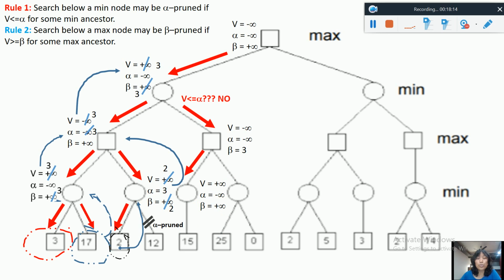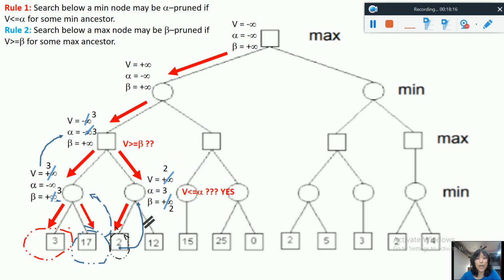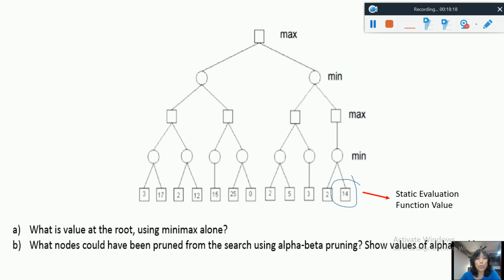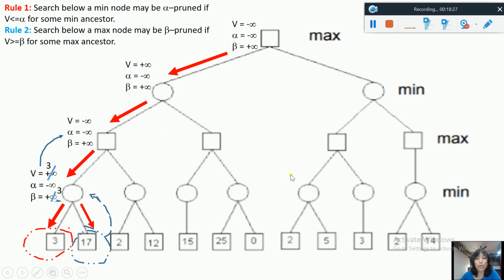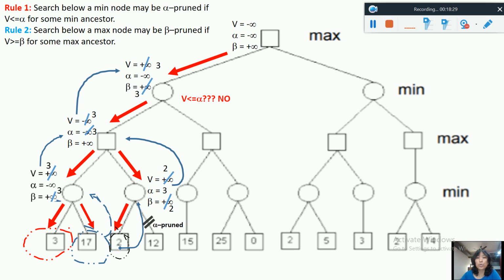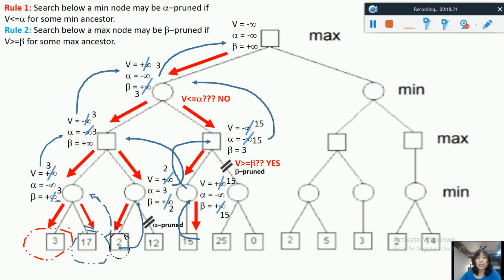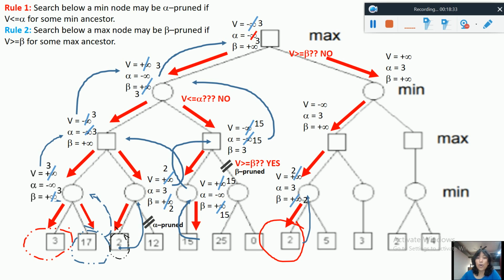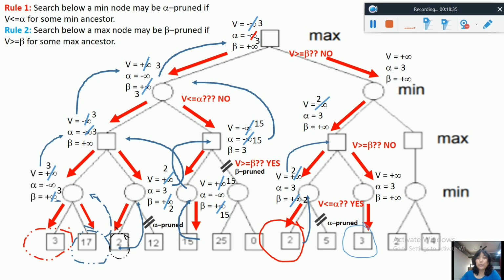There are a lot of updates required. The question is, what is the value of the node, and which nodes get pruned as alpha or beta pruning? So let me go to the final answer of this problem by using alpha beta pruning.